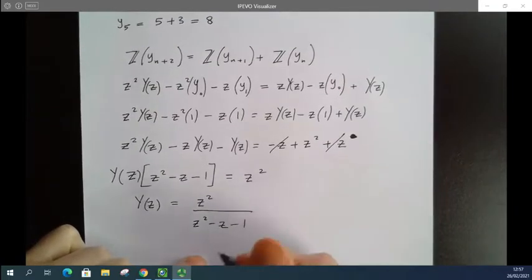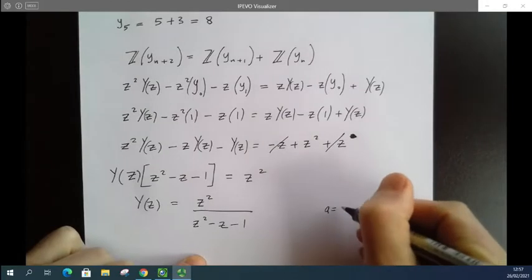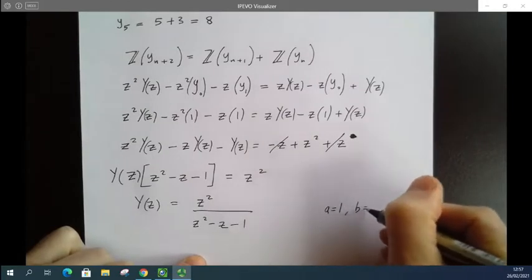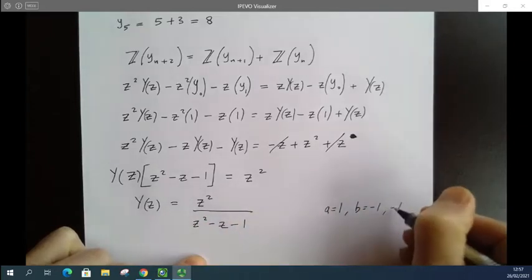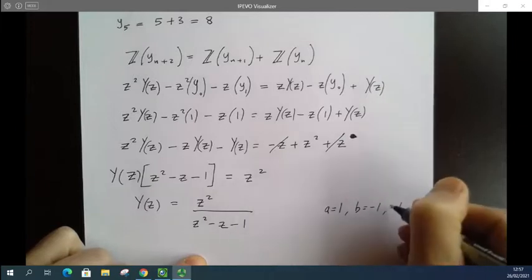It doesn't factorize. I'm going to show you a little trick to see whether a quadratic factorizes or not. The coefficients are a is 1, b is -1, and c is -1.